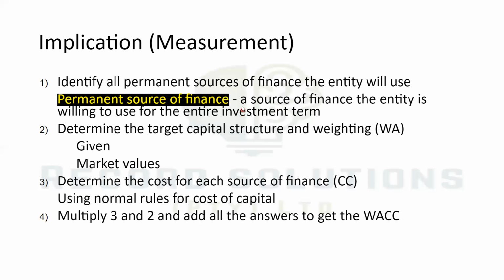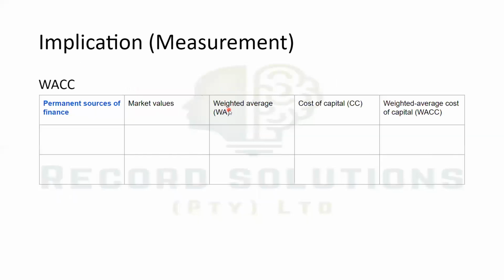So you will not include it in your calculation of WACC. That's the first thing you have to do: identify these permanent sources of finance. And then after you have identified them, you list them in this table, permanent source of finance one.